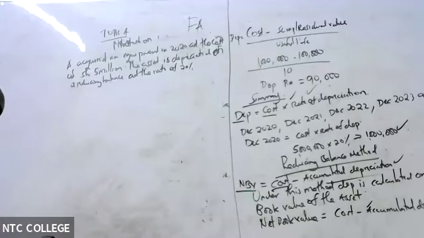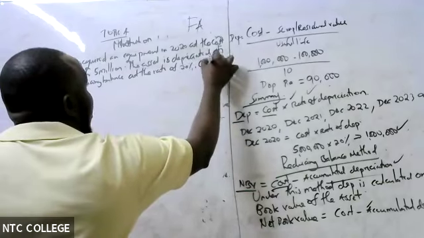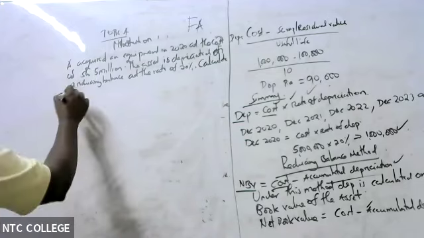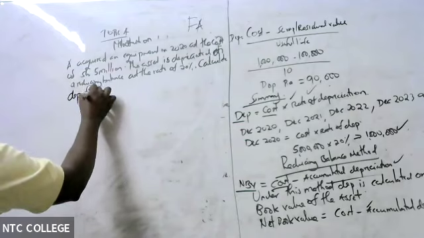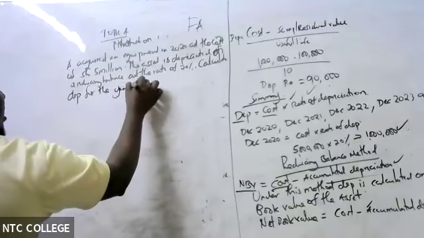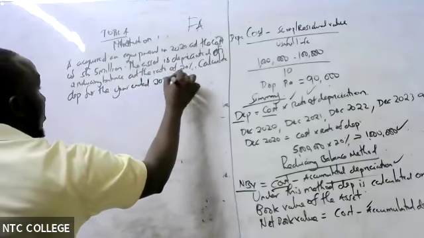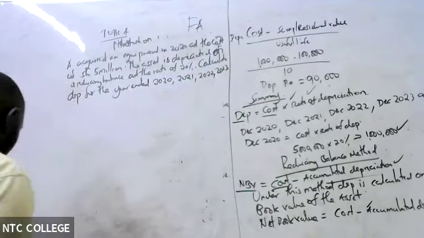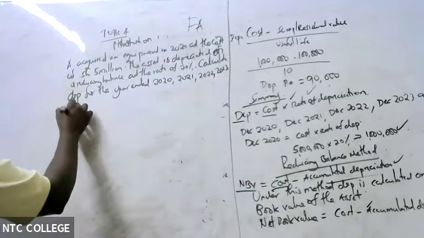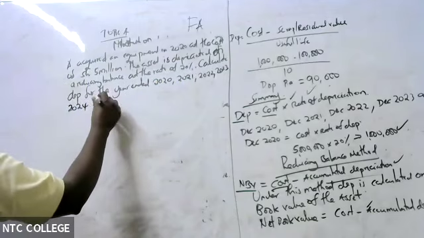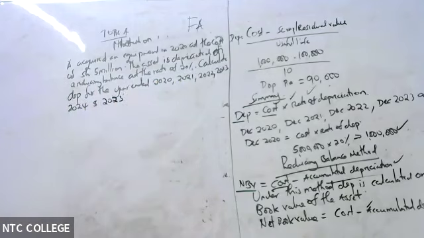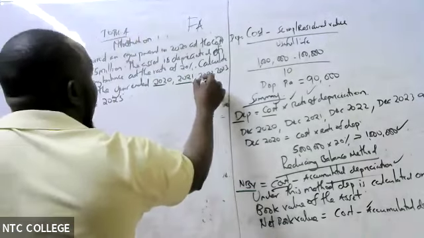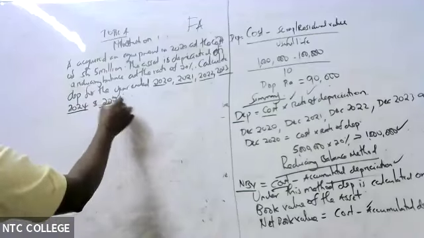Calculate the depreciation for the years ended 2020, 2021, 2022, 2023, 2024, and 2025.